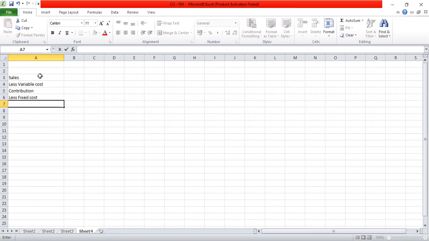Profit, or what we very specifically call EBIT. For example, here 1000 units are sold. Give some figures. Let's take 1 lakh as the sales. So how much would it be? The selling price is 100.